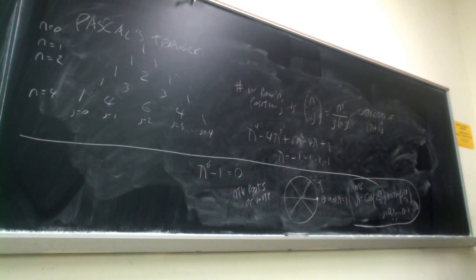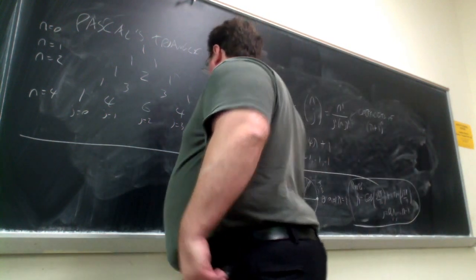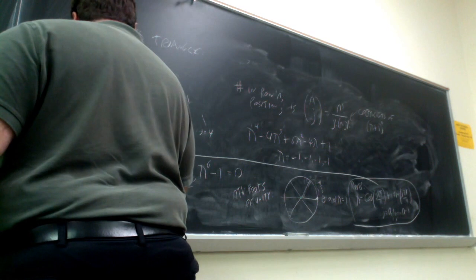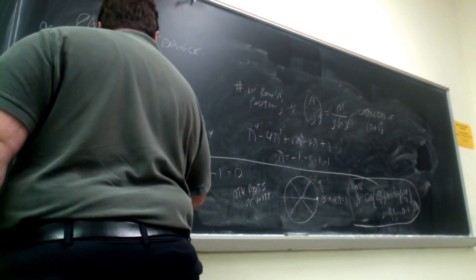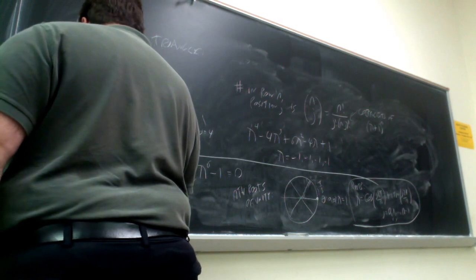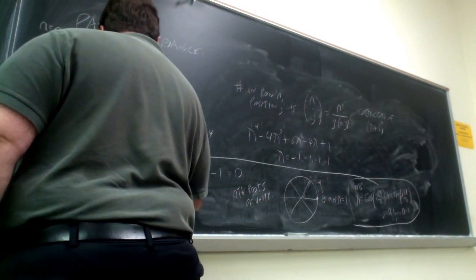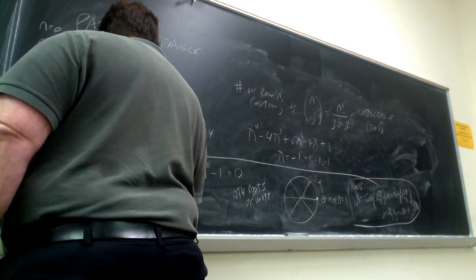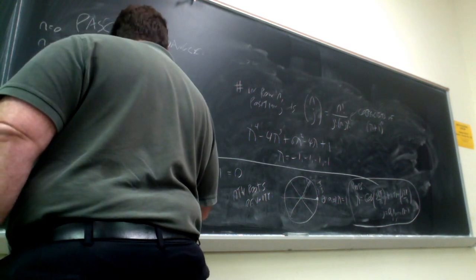So in the case of lambda to the 6 is equal to 1, lambda is equal to 0, and then you have cosine pi over 3 plus i sine pi over 3. Then you have cosine 2 pi over 3 plus i sine 2 pi over 3, cosine pi plus i sine pi.